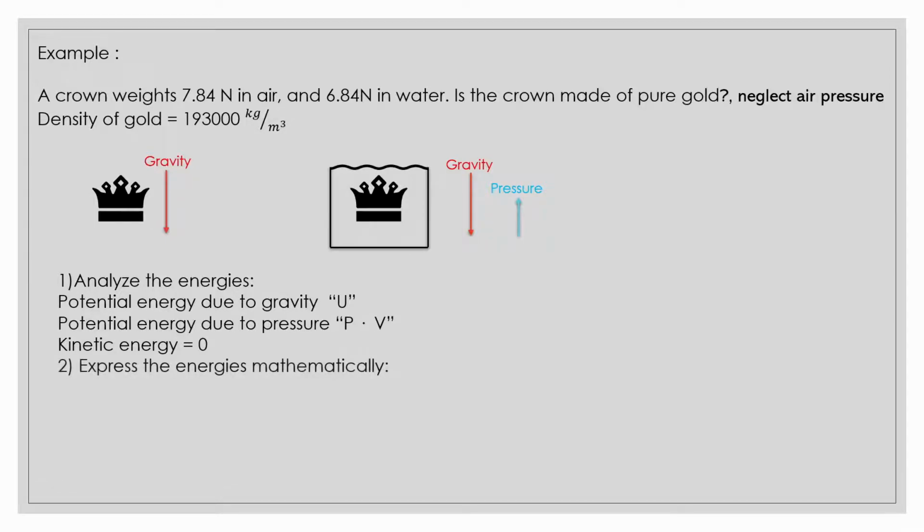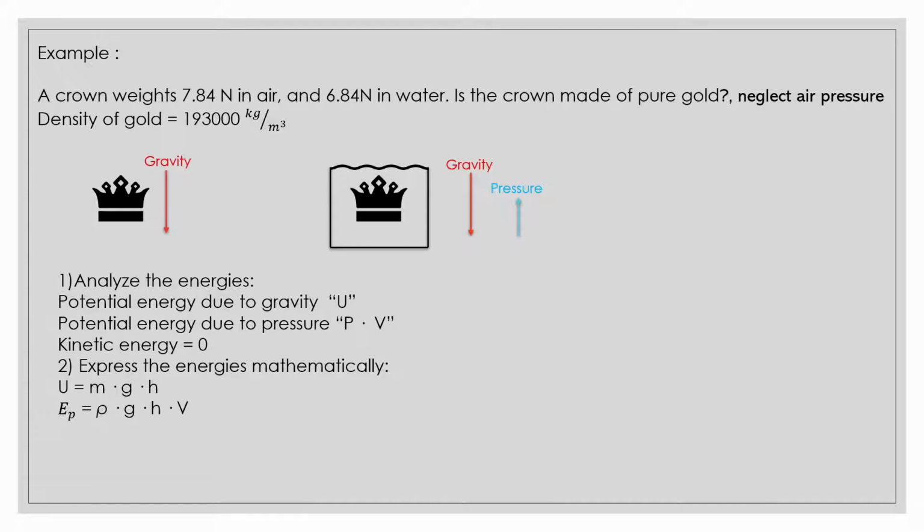2. Express the energies mathematically. Potential energy due to gravity equals mass times gravity acceleration times height. And since we are talking about an object rather than a liquid, there is no need to divide by volume. Potential energy due to pressure equals the density of the liquid times gravity acceleration times height.